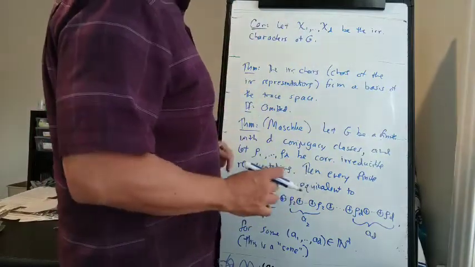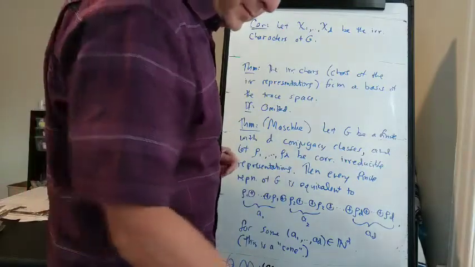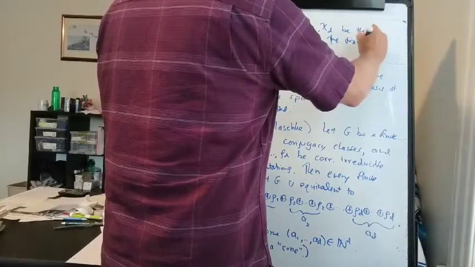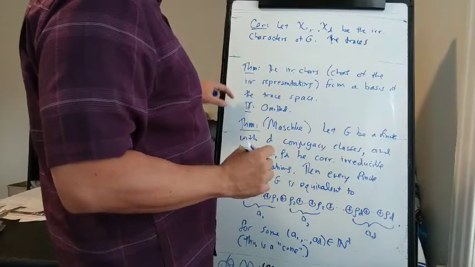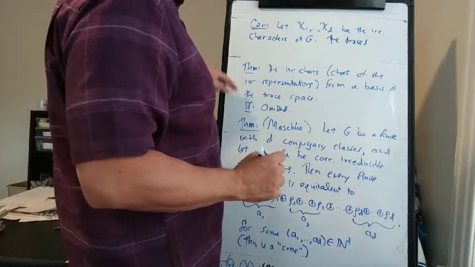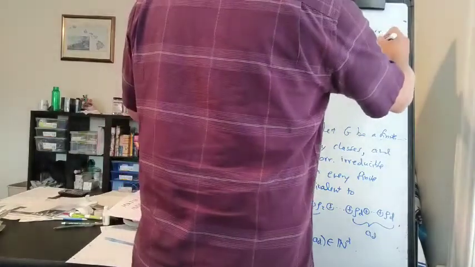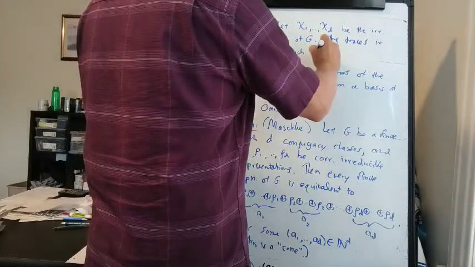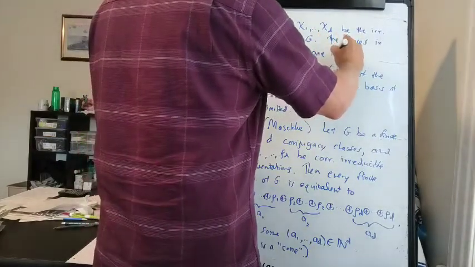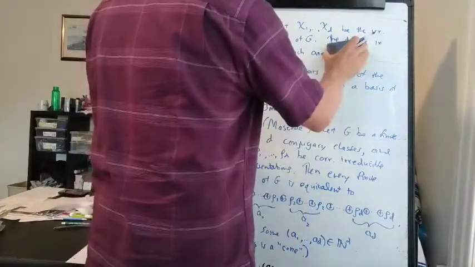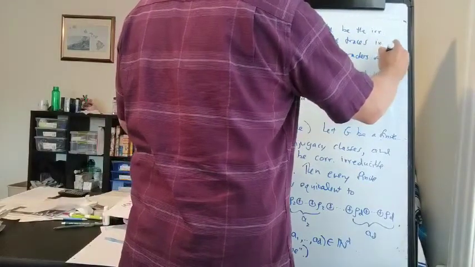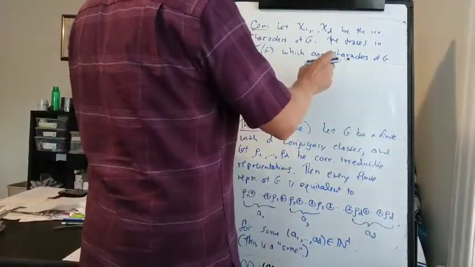These are the D irreducible characters of G. So if you accept my theorem before that the irreducible characters form a basis of the trace space, the traces in the trace space, which are characters of G, are precisely the non-negative integer span of these.